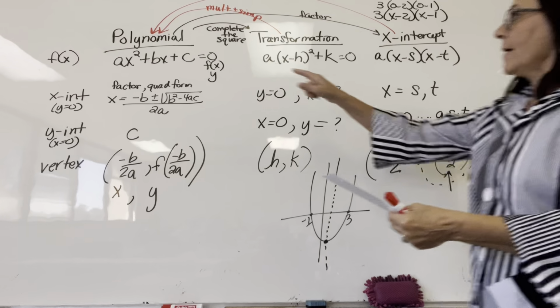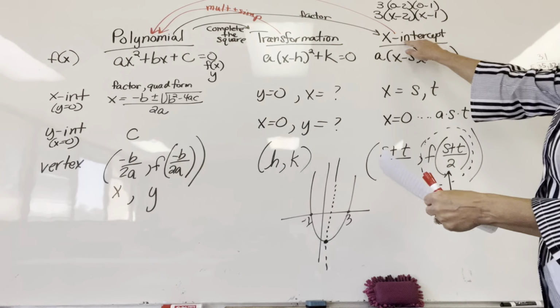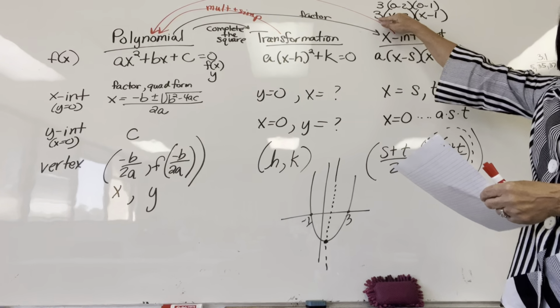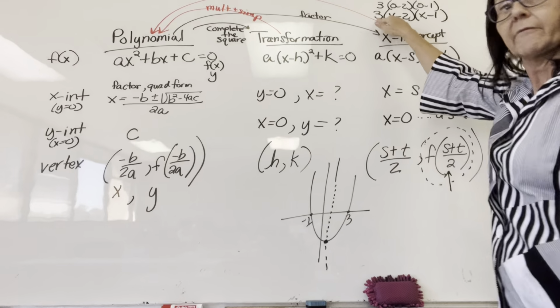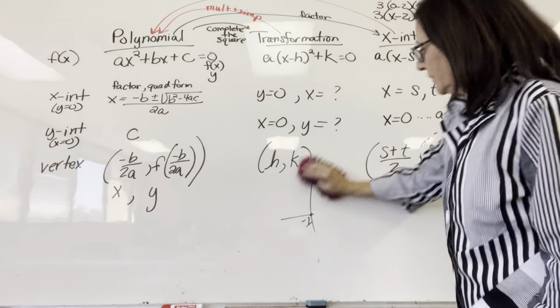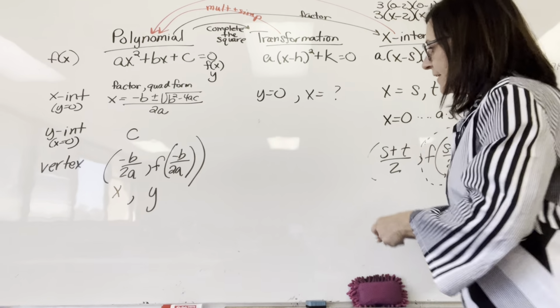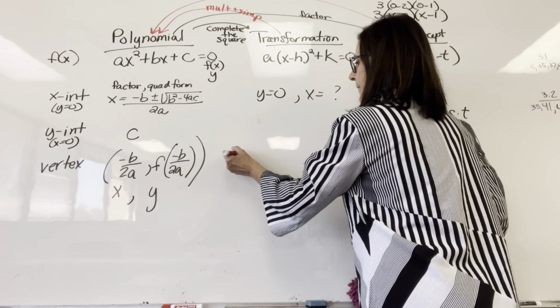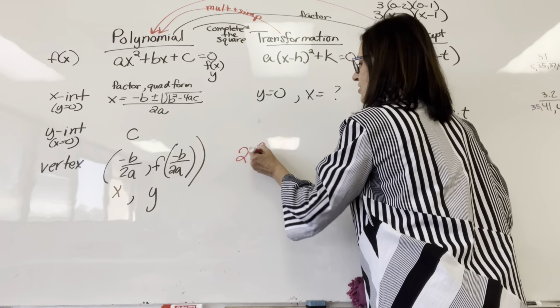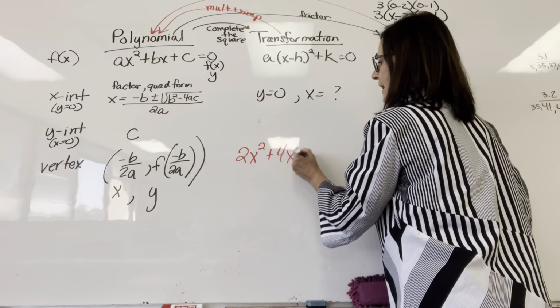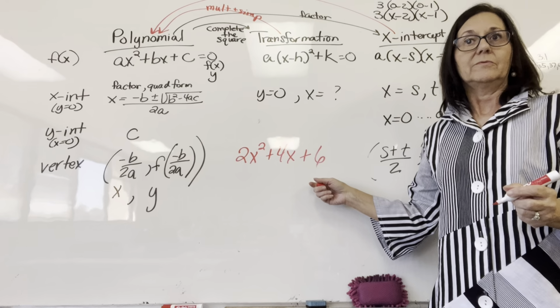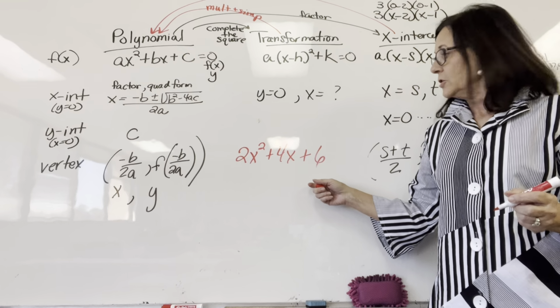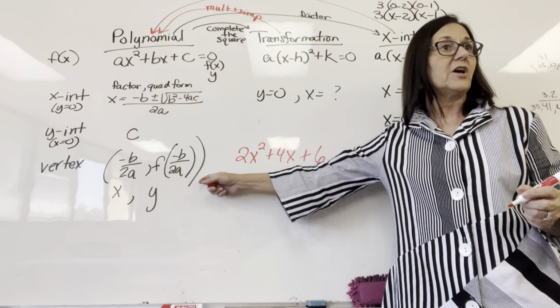Now, if I'm going from polynomial to the x-intercept, I may have to first factor out something that's in every term. Can I erase some of this? So that would be the case, like if I have 2x squared plus 4x plus 6, what's going to be my A value? 2, because I can take a 2 out of every term.